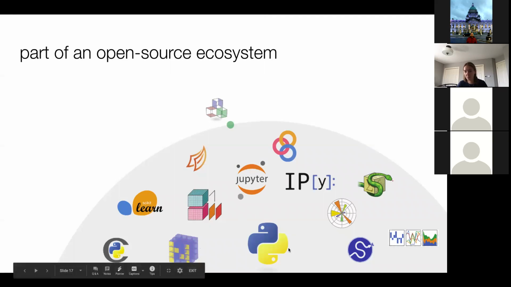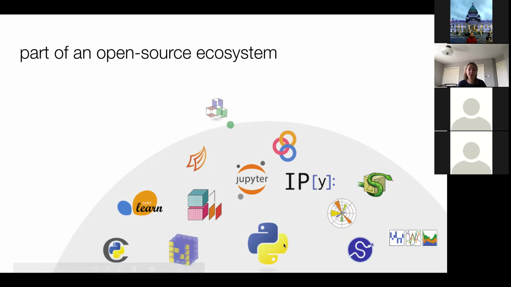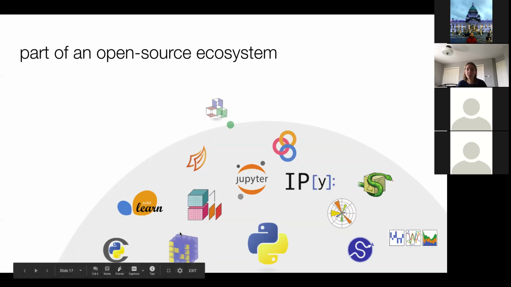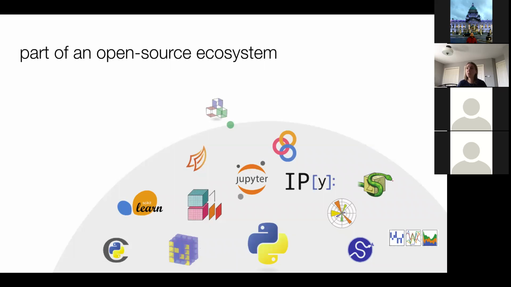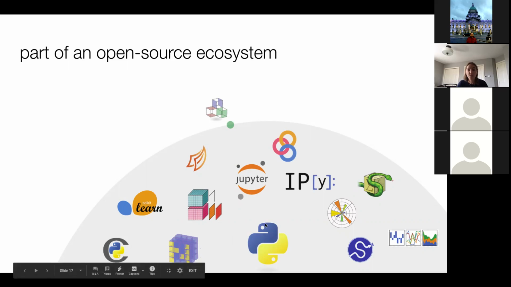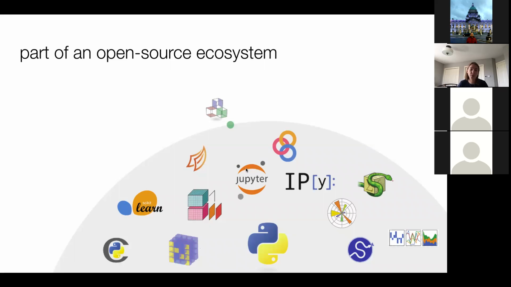SimPEG is written in Python, so we rely on the core utilities of the Python language. But then there's other packages like NumPy, which does numerical arrays in Python. If folks are familiar with MATLAB, a lot of the same functionality that's in MATLAB is in NumPy. There's also Jupyter, which is what we were using to do interactive computing.